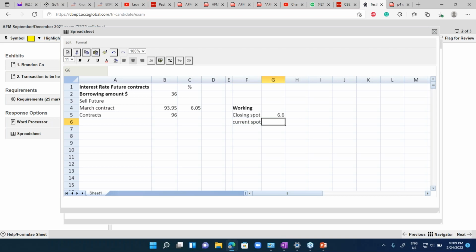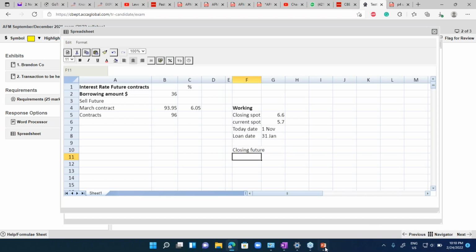Current spot is 5.7. Today's date is 1st November. Loan date is 31st January. Now calculate the closing future.